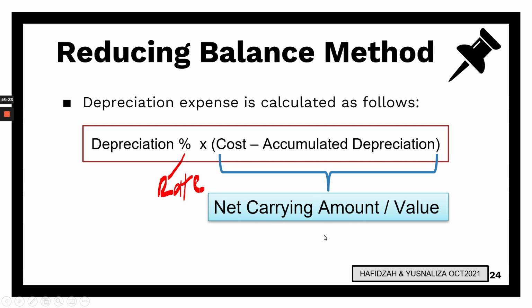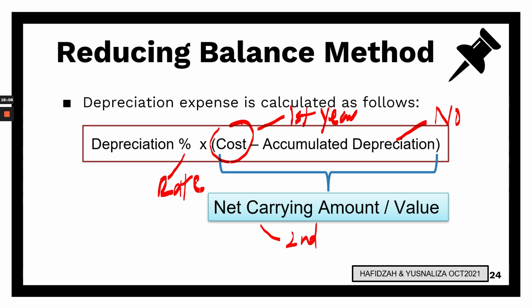This is the calculation for the reducing balance method. However, for the first year, depreciation is still based on cost, because in the first year you just start your depreciation and there is no accumulated depreciation. In the second and subsequent years, it would be on the net carrying amount.